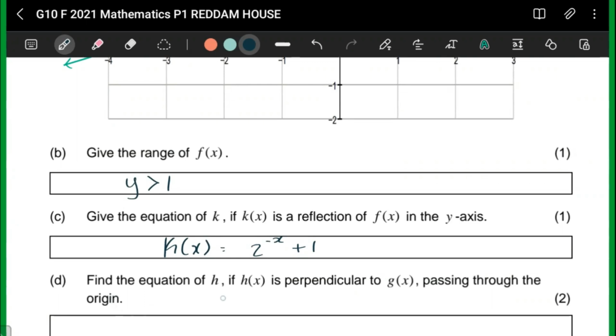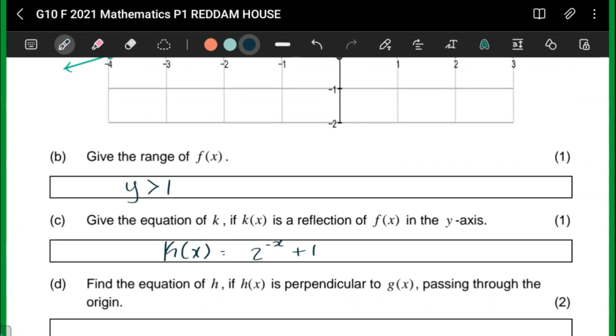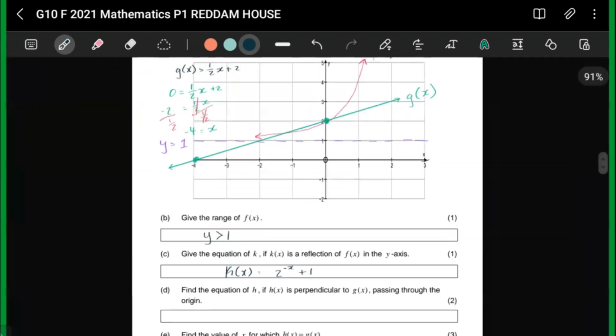Find the equation of H if H is perpendicular to G, passing through the origin. So we need to find the equation of H. H is perpendicular to G. So remember, what we know about perpendicular lines is that their gradients multiplied together give you a -1.